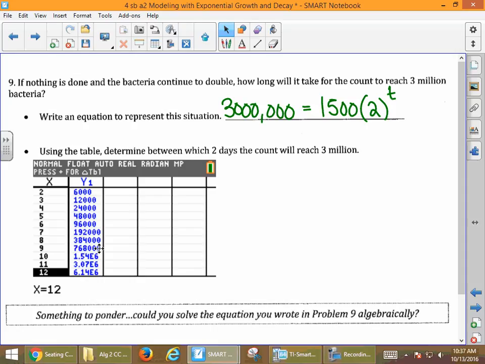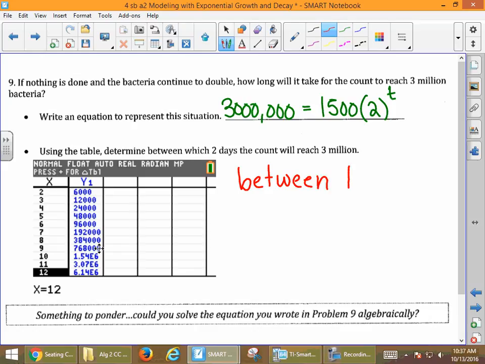But what happens is 1.5 million, 3.07 million, it's going to be between days 10 and 11. And it depends on your calculator. I should put day 10 and 11. We're not going to find the exact number. But day 10 doesn't have enough, day 11 has more. So somewhere in between there.